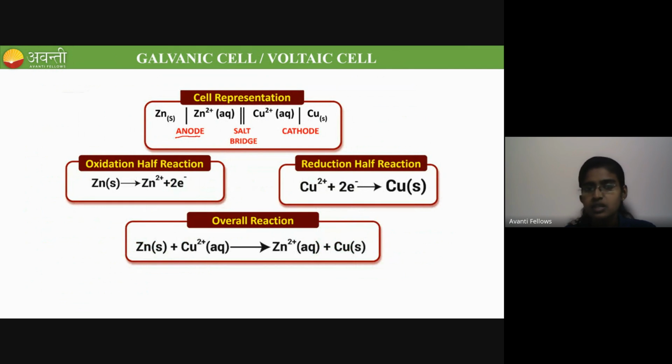The anodic and cathodic parts are separated by a double parallel line, which denotes the salt bridge. You can see the separate oxidation half reaction and reduction half reaction, and this is the overall redox reaction in which zinc is getting oxidized and copper is getting reduced. So this is about the galvanic cell.